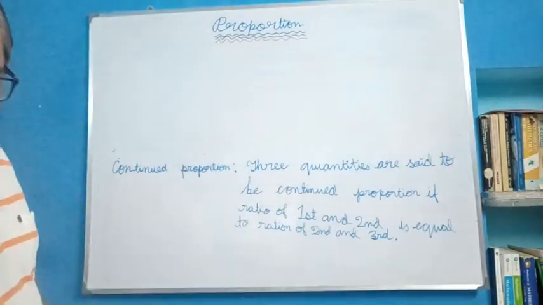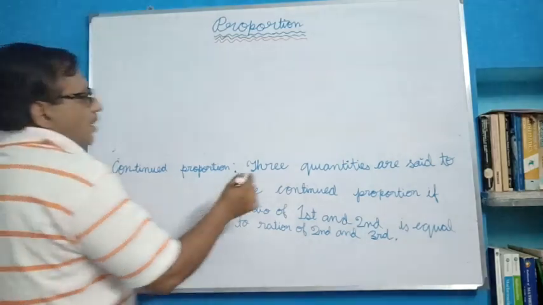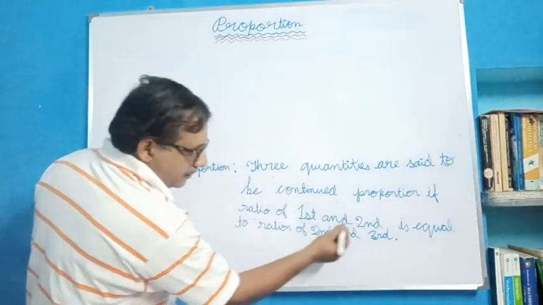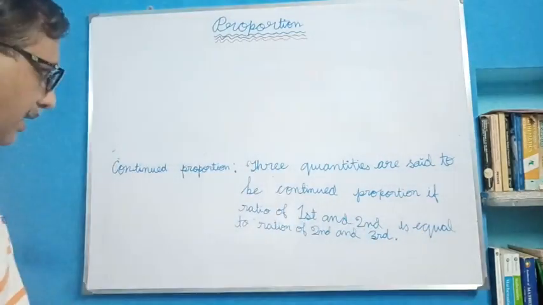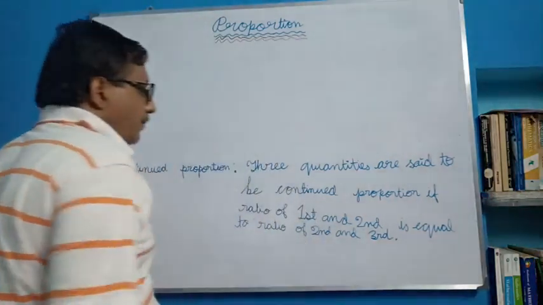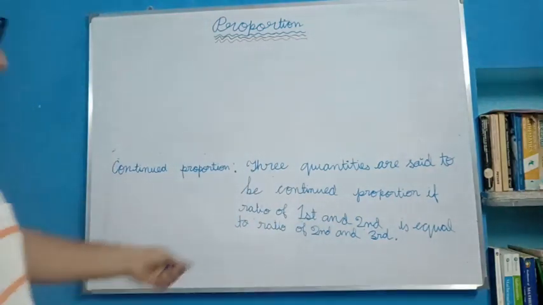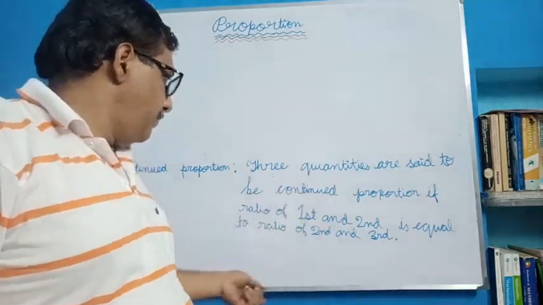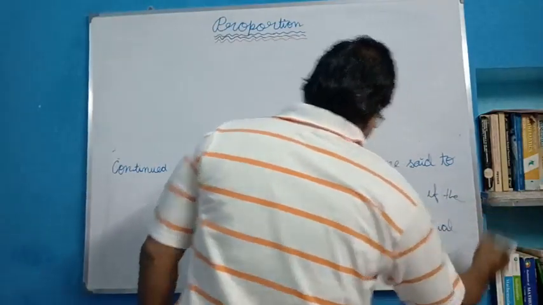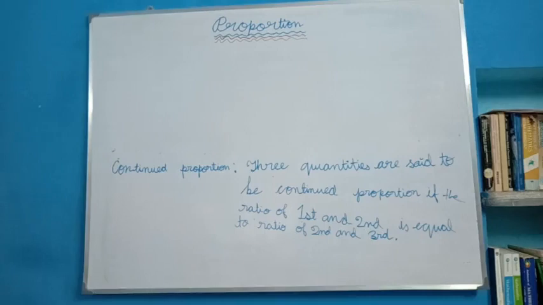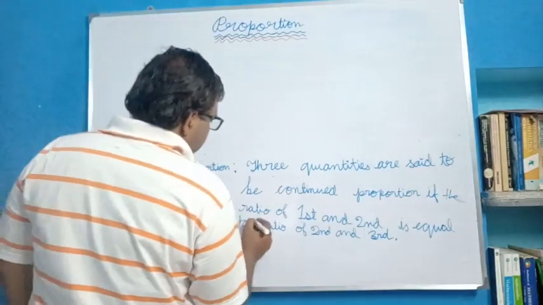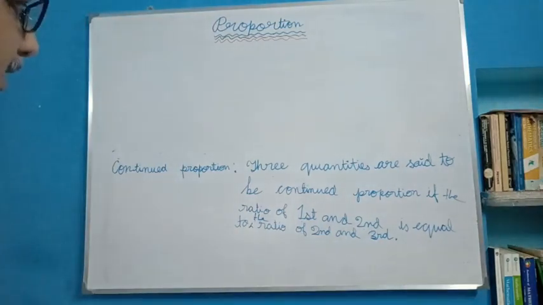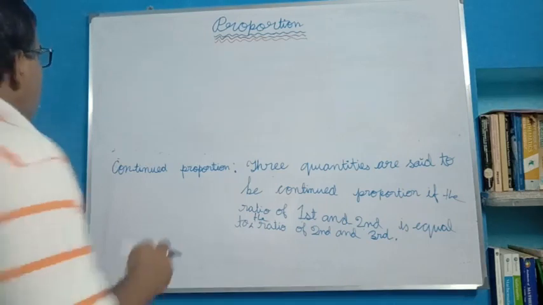So continued proportion for three numbers: three quantities are said to be in continued proportion if the ratio of the first and second is equal to the ratio of the second and third numbers. Then these three numbers are said to be in continued proportion.